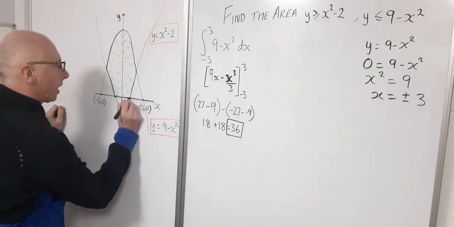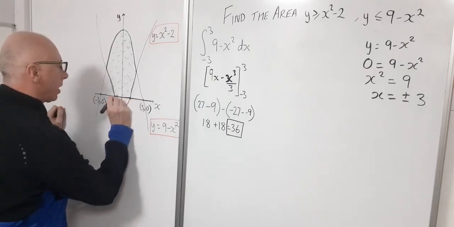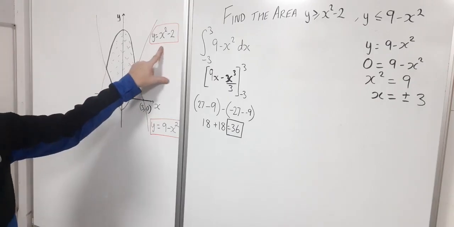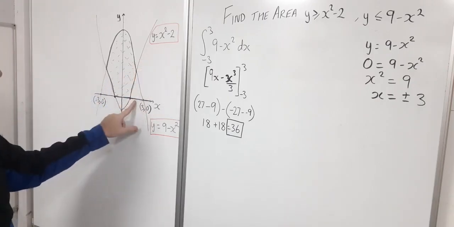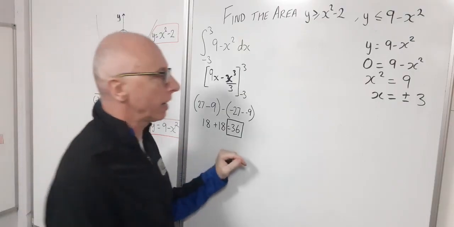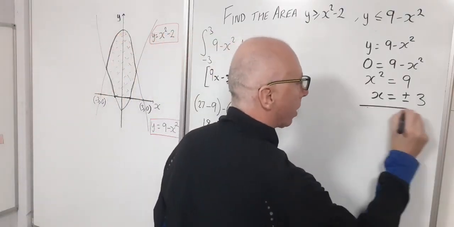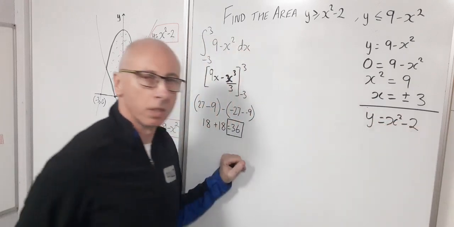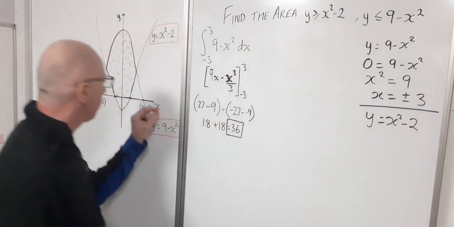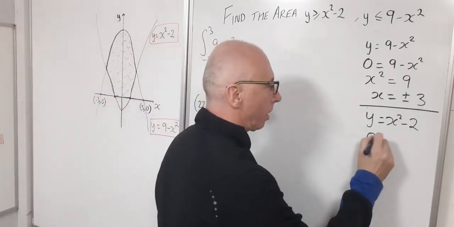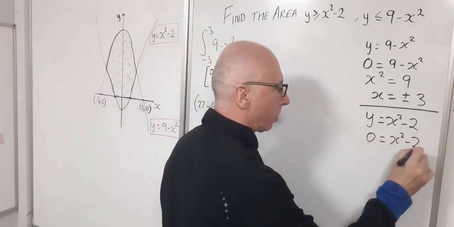So now what I need is these intersection points here. So therefore I need to solve the graph y equals x squared minus 2 when it crosses the x-axis. So let's first of all solve that. Y equals x squared minus 2. So if I set it to 0, obviously we want it when it crosses the x-axis, I've got 0 equals x squared minus 2.